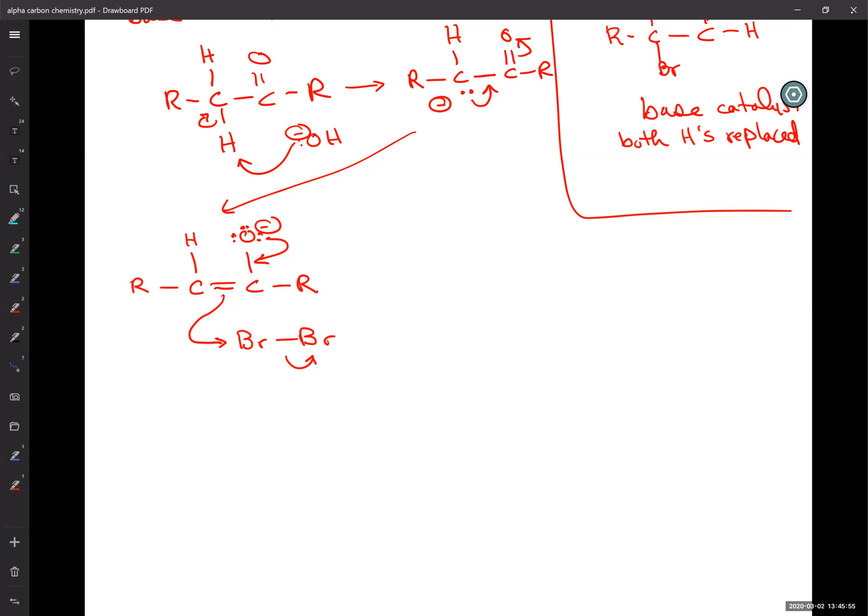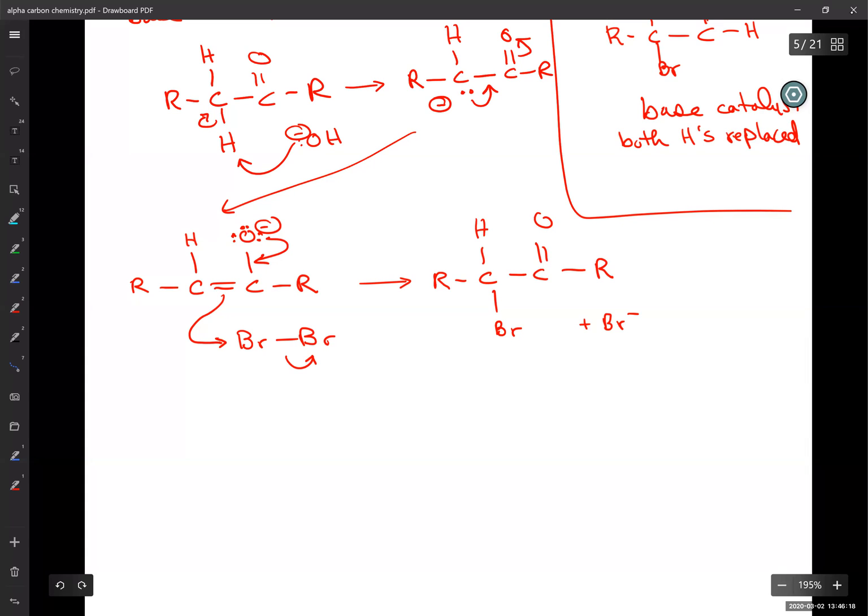Bromine's polarizable, right? So it can attack and displace the bromine at the appropriate moment, and then you'll end up with this. So right now I have a monobrominated product. I've added one of the bromines to the product.